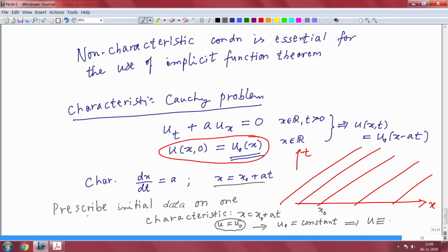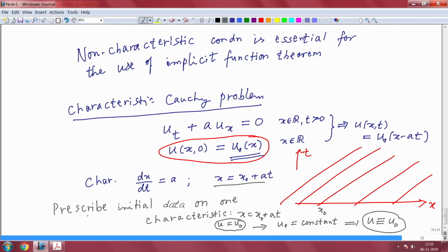I cannot take another constant and demand that it is continuous and differentiable. Okay. So, if you prescribe the initial condition on a characteristic, we face problems, and there is only one solution, namely u is equal to constant, nothing else.